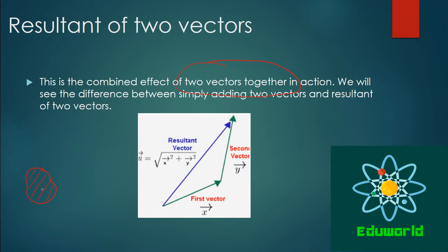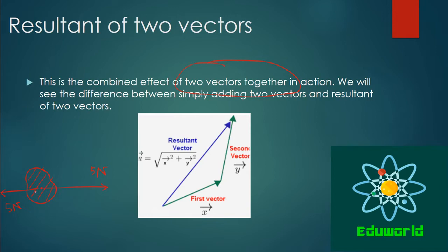Say there is an object on which you are pulling with a force, say 5 Newton. Now your friend has arrived and he is trying to pull the object with the same amount of force, which is 5 Newton, but in the opposite direction. What will be the net effect on this object as two forces have been applied on it?